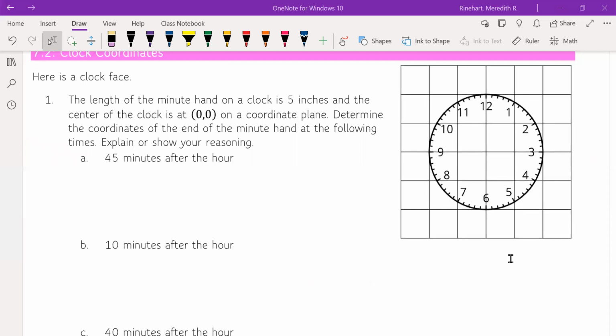The first thing I want to do is read our first clock blurb, and it talks about the minute hand being 5 inches, and the center is at 0, 0. So we think of this as our unit circle. The center is 0, 0, but a unit circle has a radius of 1.